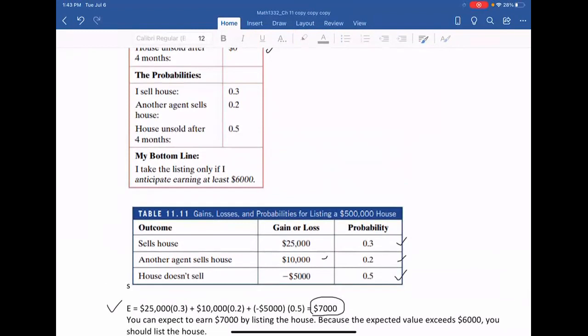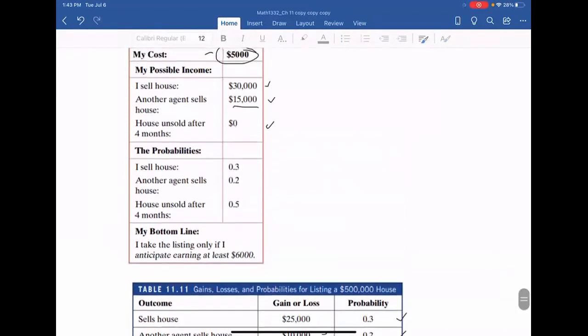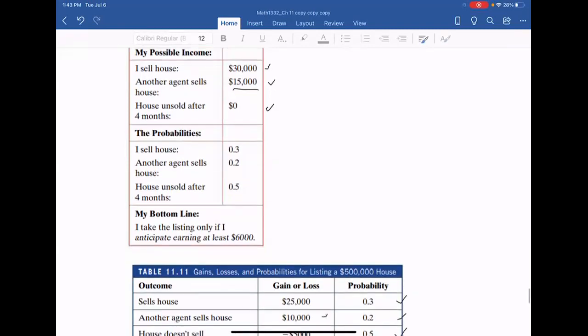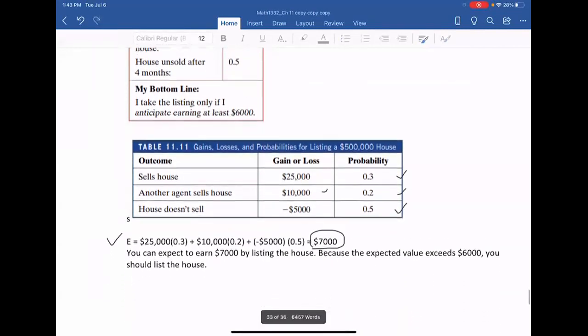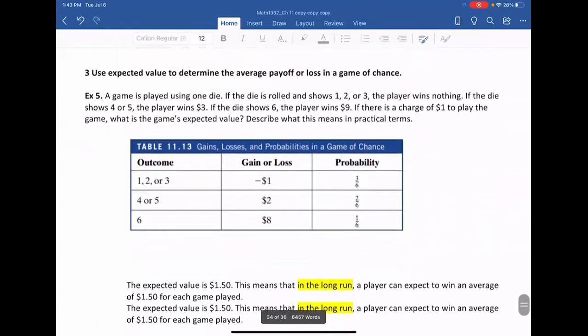So remember, even the income I get by selling the house by myself or another agent, I still need to deduct $5,000 for listing the house. Or if I didn't sell the house, the house unsold after 4 months, I still need to pay this $5,000. Okay, let's move on to the next part.